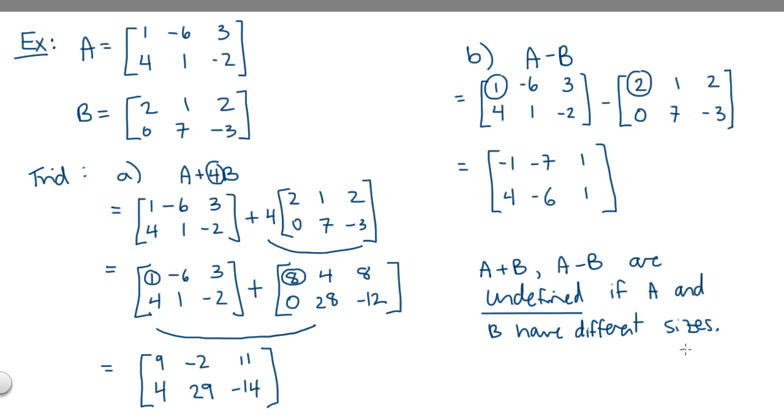And that's one reason why we looked at sizes at the beginning of this video, so that we could recognize when two matrices are going to have compatible sizes. If you've got matrices that are different sizes, it's unclear how to pair up the elements, and unfortunately we can't add or subtract in that situation.